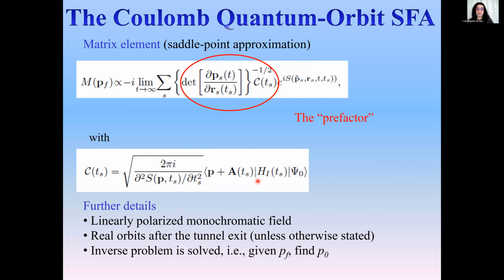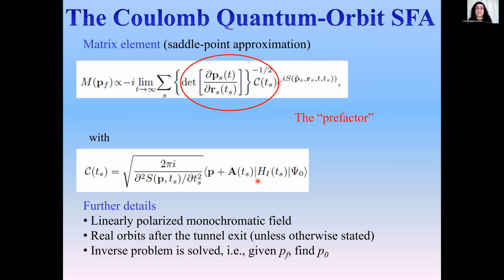And as mentioned before, we solved the inverse problem. So given PF, find P naught. And this was an advantage for us. I mean, the disadvantage is it makes the model less flexible. But the advantage is that we don't have to launch a huge number of trajectories.